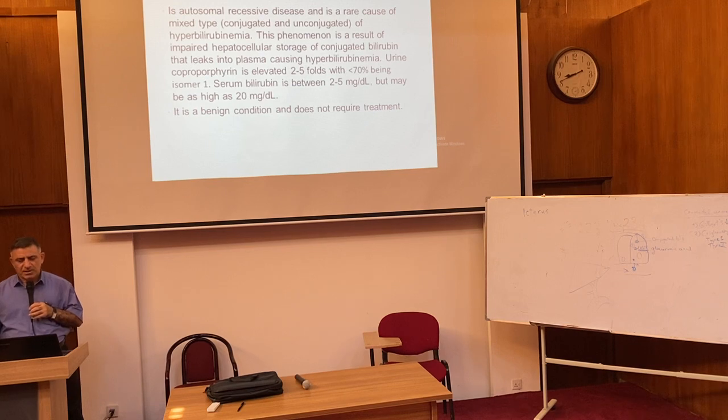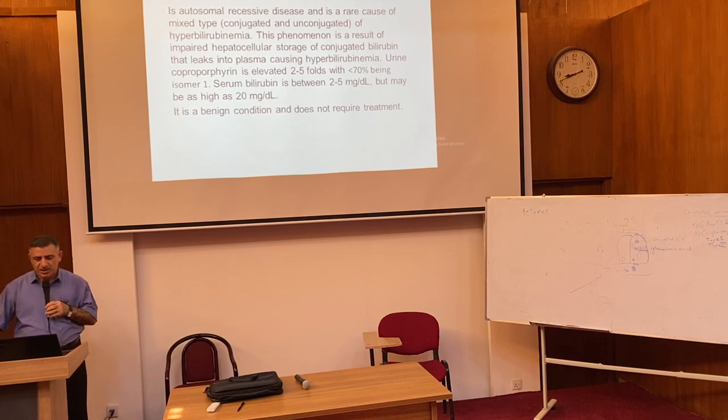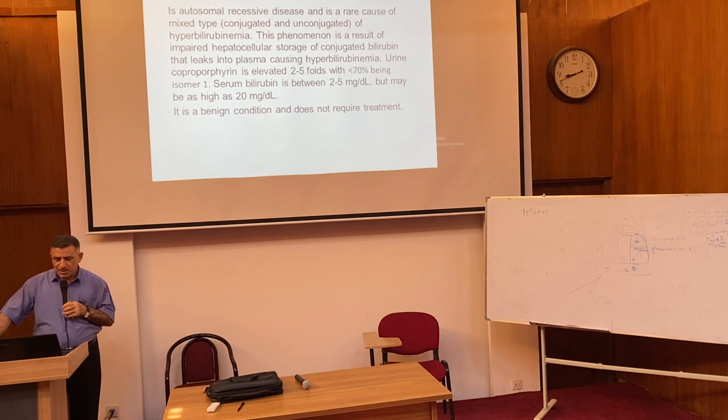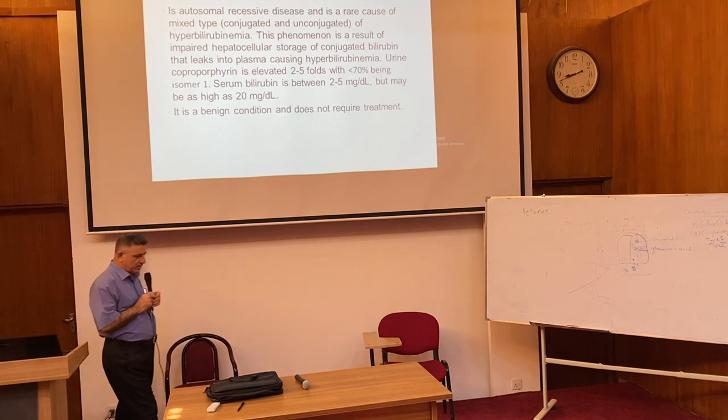Urine coproporphyrin is elevated 2 to 5 fold, with less than 70% being isomer 1. Serum bilirubin is usually 2 to 5 milligrams, but may sometimes be as high as 20. It's a benign condition and does not require treatment.